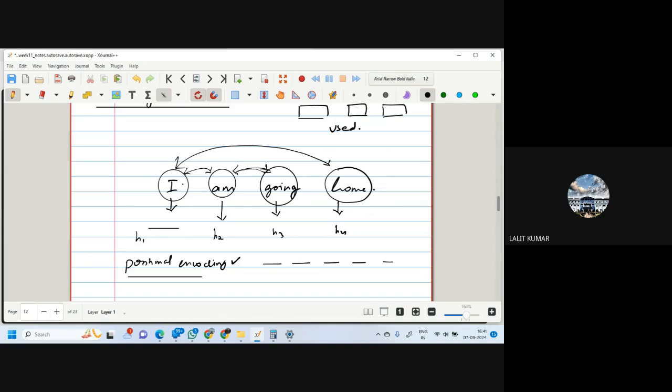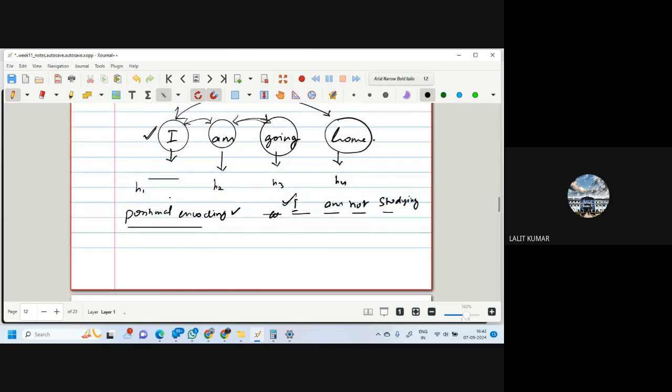For example, "I am going home" and "I am not studying": the positional encoding for both statements remains the same, and the input H_i becomes word embedding plus positional encoding. The formula for positional encoding I have included in this document. It uses the sine.